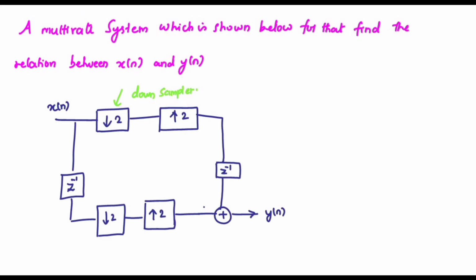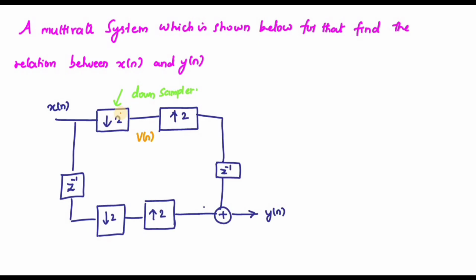Suppose I perform something and the value I'm getting is v of n. So what is my v of n? Initially, x of n is applied to a downsampler, and that value is 2.